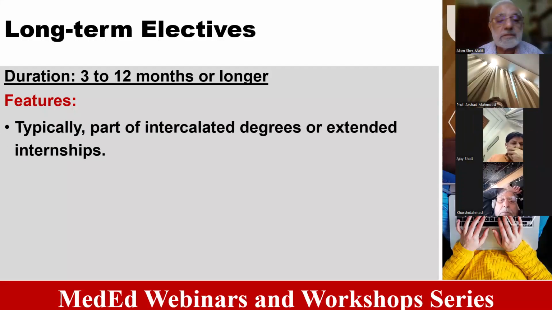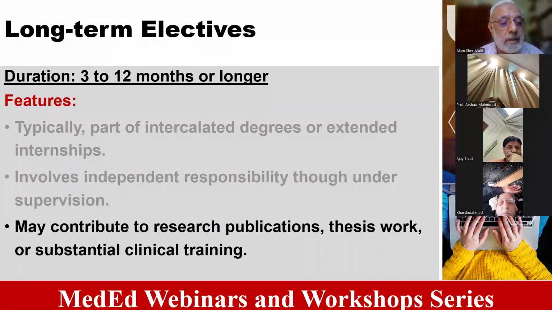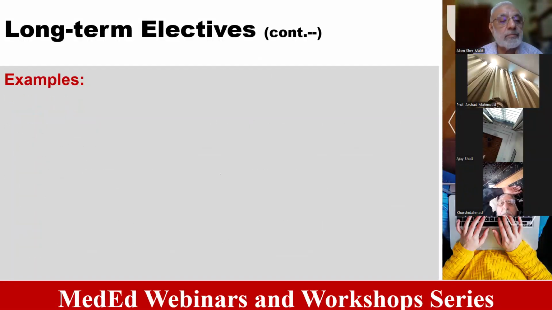The features include that it is typically part of intercalated degrees, an extended internship, involves independent responsibility, though under supervision, and may contribute to research publications, thesis work, or substantial clinical training.